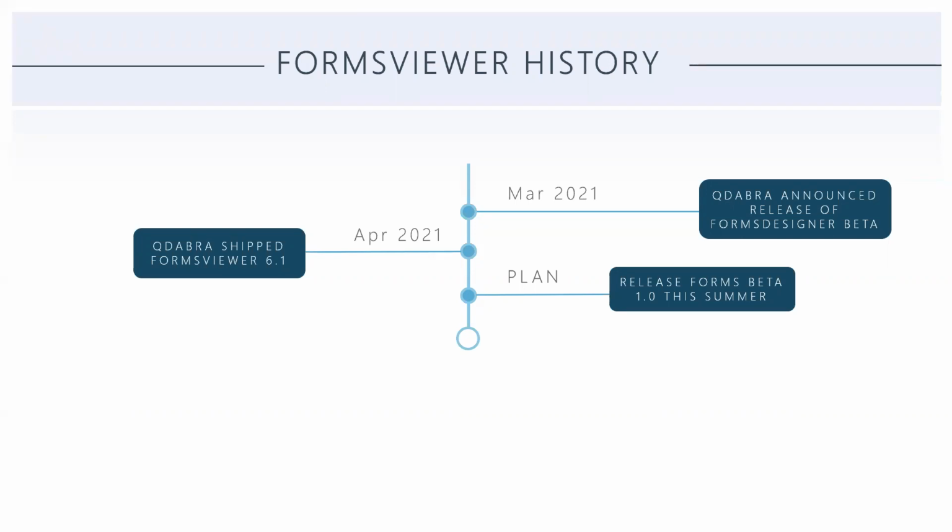We have the installation kit up on our website, and we're also including the instructions on how to install the Forms beta app in day one. Also this month, we just shipped the 6.1 version, and you can all see the latest features in this training. Our plan is to release Forms beta 1.0 this summer.